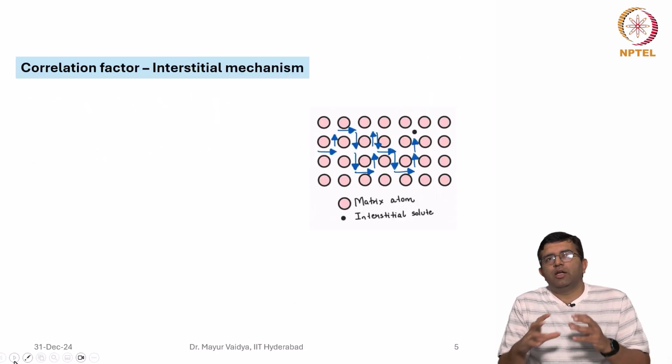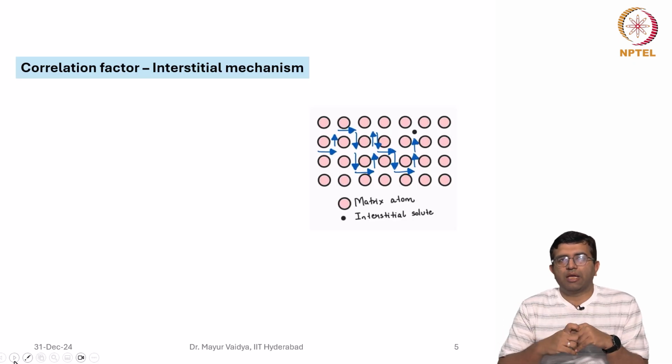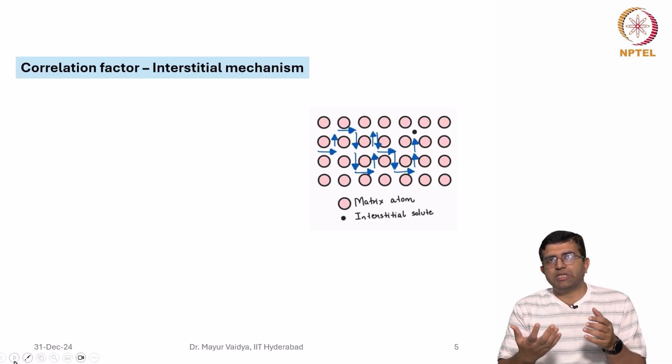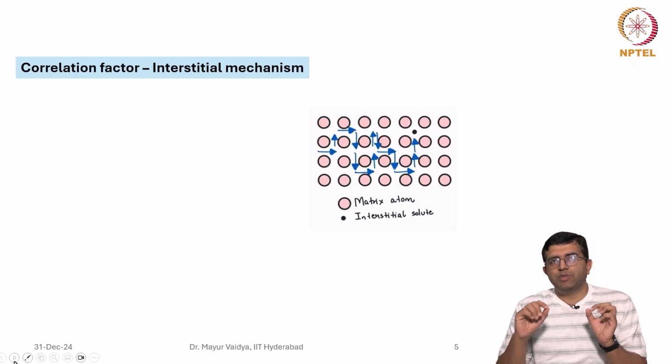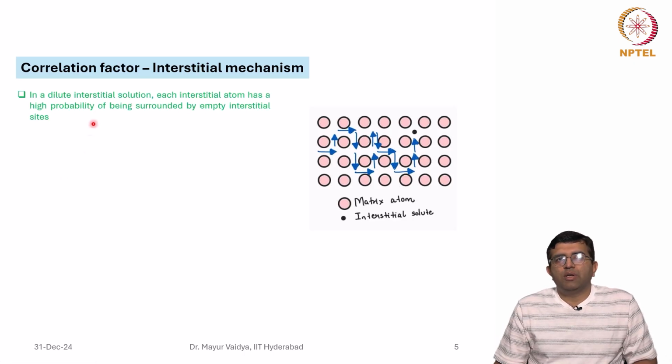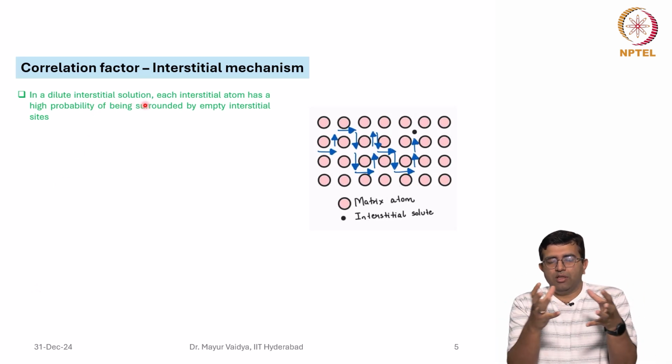Now let us look at the correlation factor for some different mechanisms. First, let us start with the interstitial mechanism. So interstitial mechanism, especially if you consider a dilute interstitial solution. Now the interstitials are available everywhere in the lattice, the interstitial positions I mean. Okay.